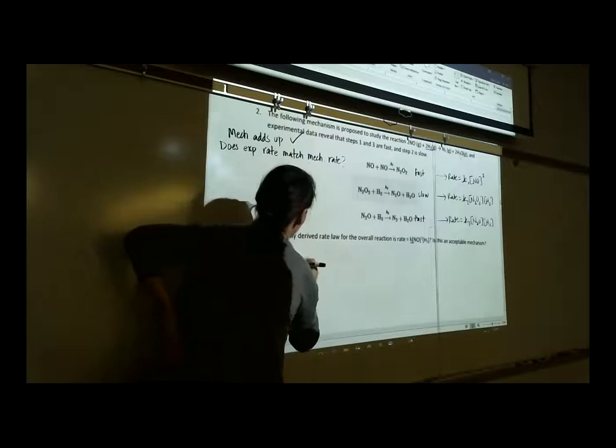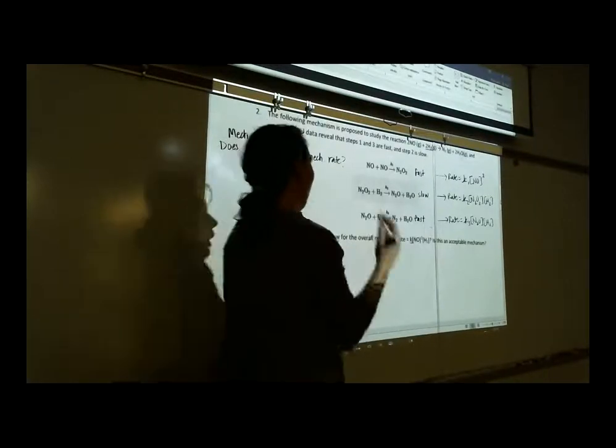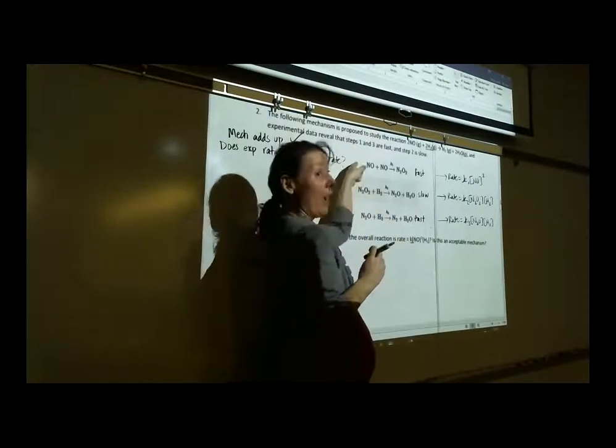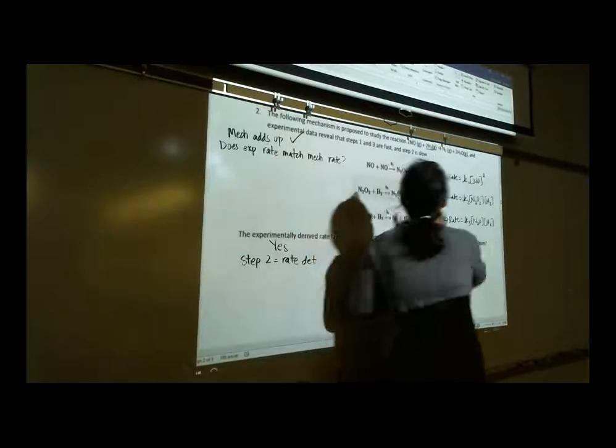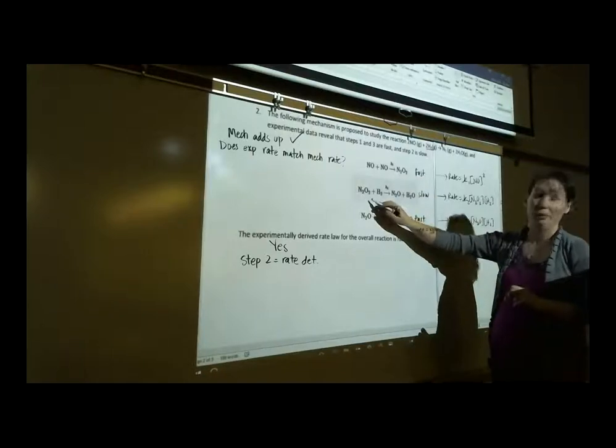Step 2 is rate determining, right? However, what has to happen before step 2 can occur? Step 1's got to happen, right? And step 1 is really fast, right? So, in other words, without N2O2, step 2 doesn't happen.